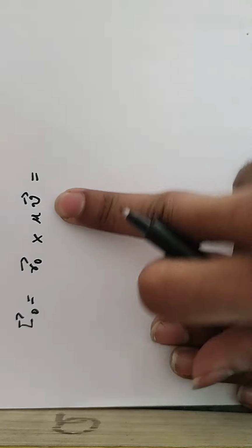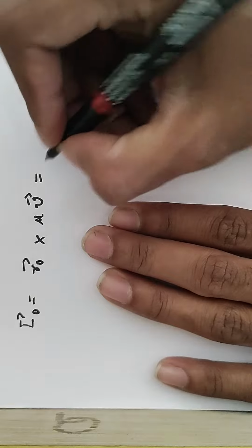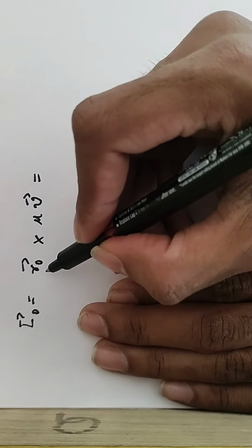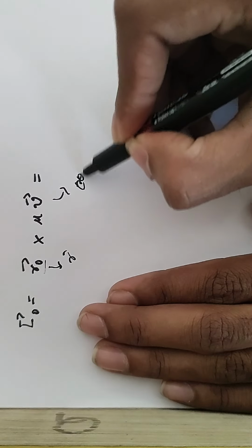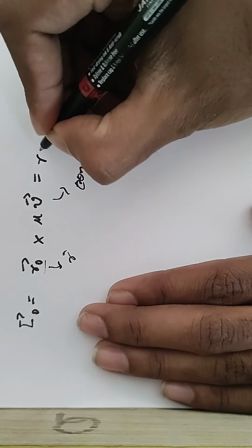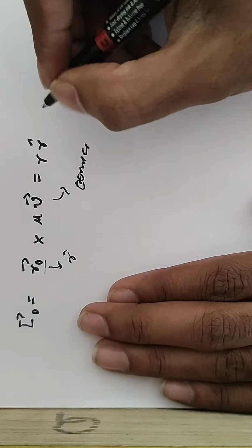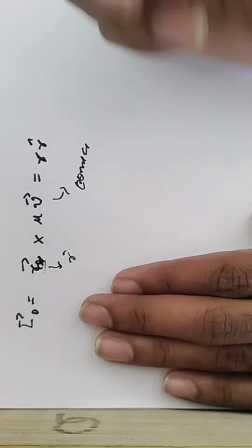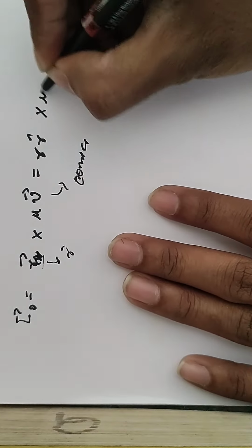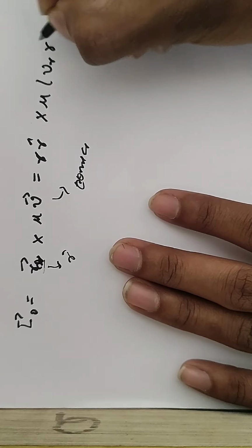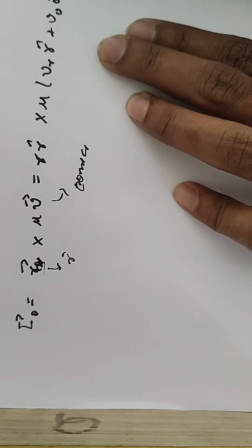We need to write v vector in plane polar coordinates, as we saw, in component form. So this is r cap. Just consider it for now, it doesn't need to be defined with the origin. It's understood because it's one body. Mu times v r r cap plus v theta theta cap.